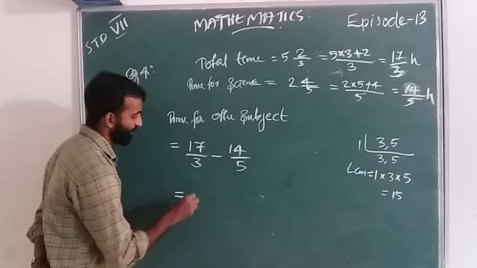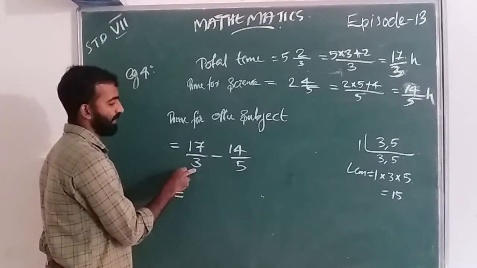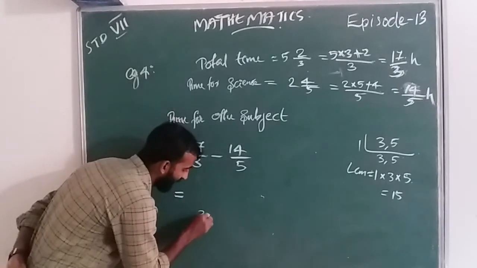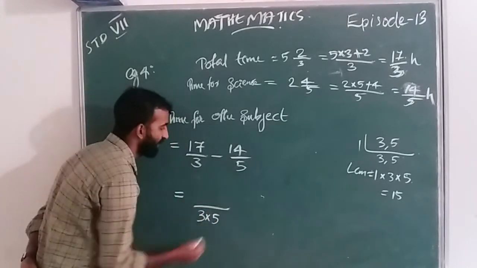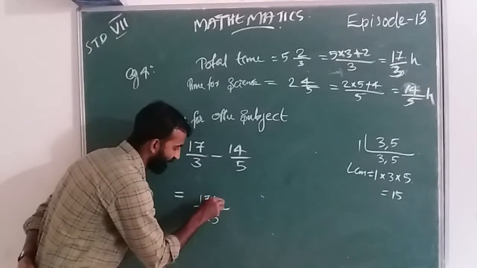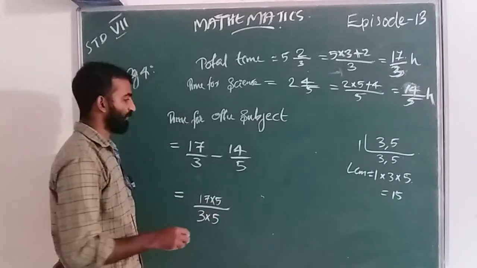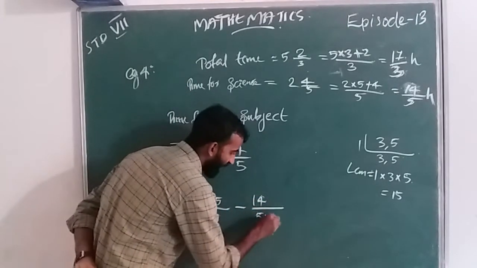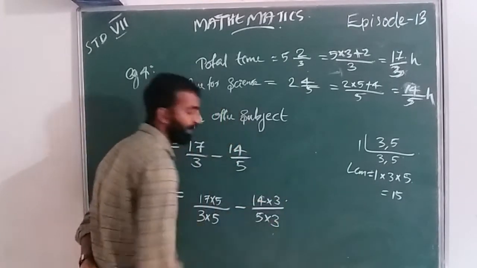Here we want to change the denominators: 3 into 5 is 15, so 17 into 5 over 15, minus 14 by 5, 5 into 3 is 15, 14 into 3.